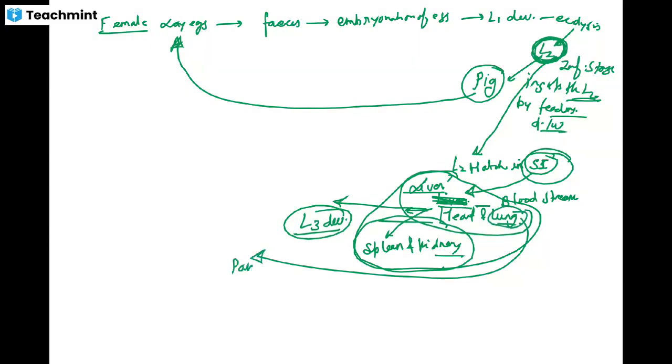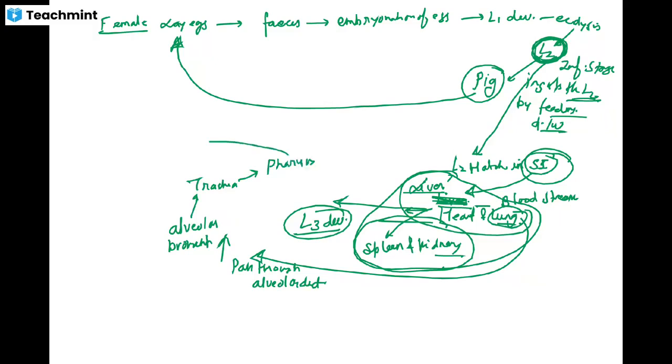This will pass through alveoli. Here it causes alveolar bronchitis. Then it moves to pharynx. जब ये फेरिंग्स में आएगा ना, यहाँ तक तो समझ में आ गया ना सबको, यहाँ तक कोई डाउट है?